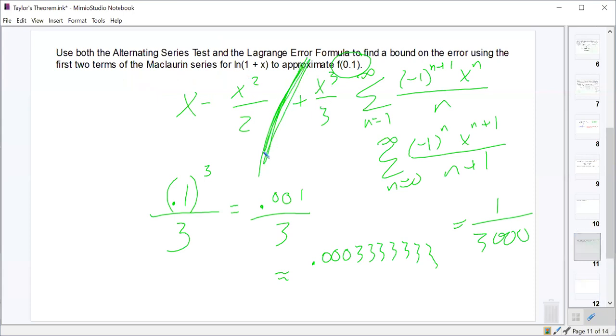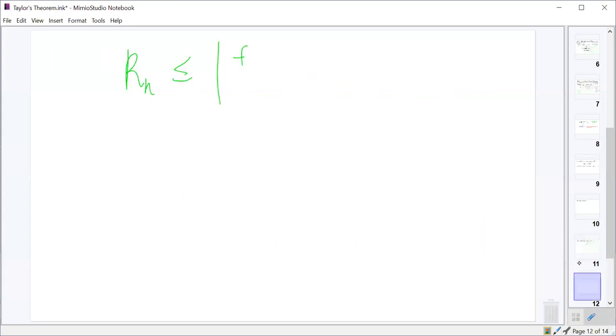We're truncating here. What are we going to need to use? We should be using our third derivative, right? So third derivative at c times x to the third over our n plus 1, right?